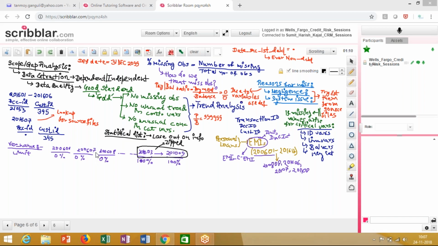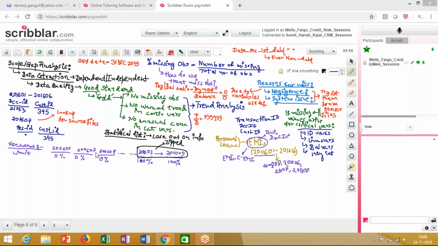So when we are doing the missing observation analysis, we take up each variable and compute the missing percentages on a month-on-month basis. We look into the trend of the missing percentages, and depending on the criticality of the variable, we investigate the reasons for the missing.